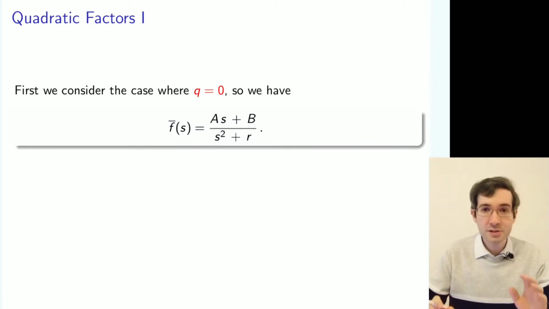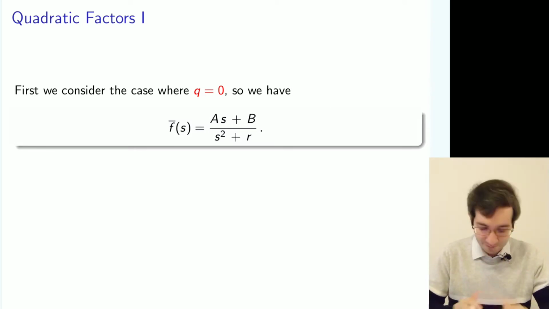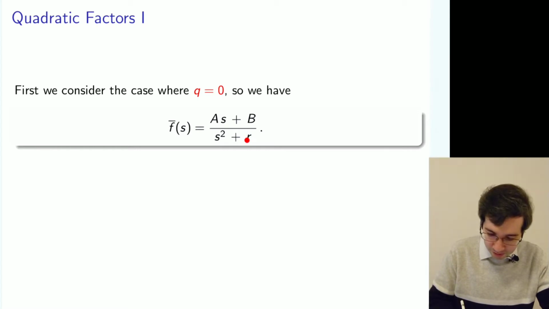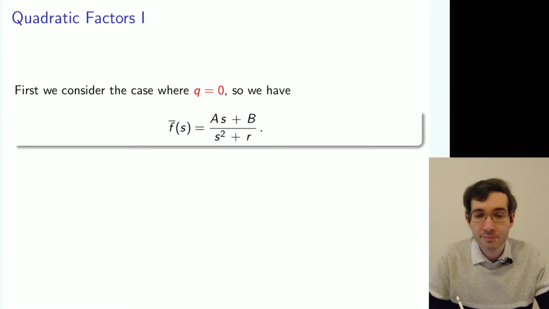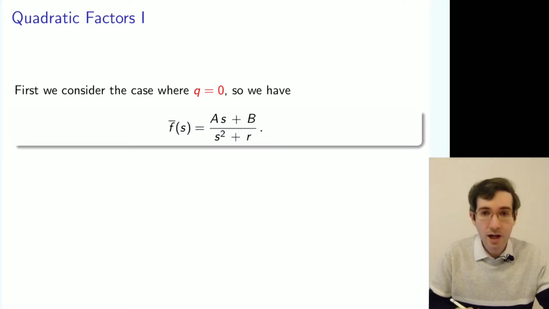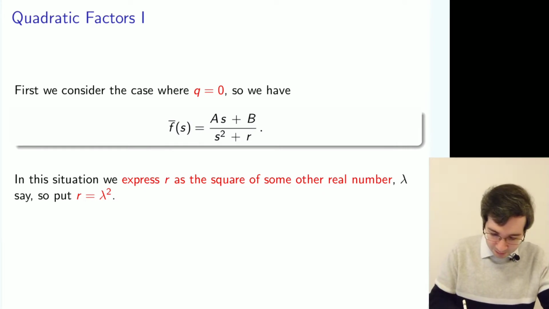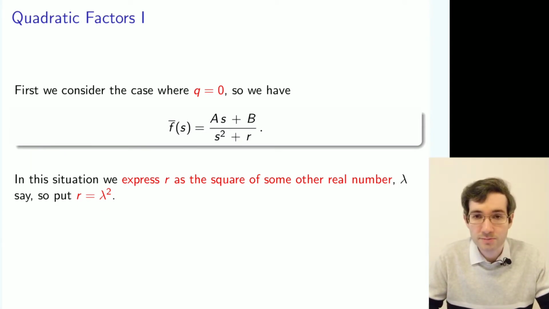So let's consider first a slightly simpler case. What if the q is 0 in the previous case and we have only the second order and the constant term in the denominator? How to find the inverse Laplace transform? Well, we just express r as a square of some number.